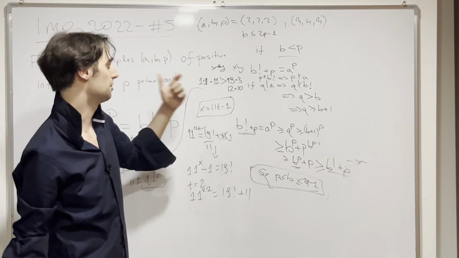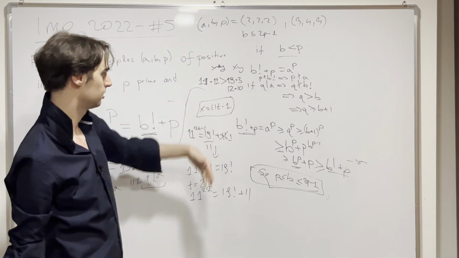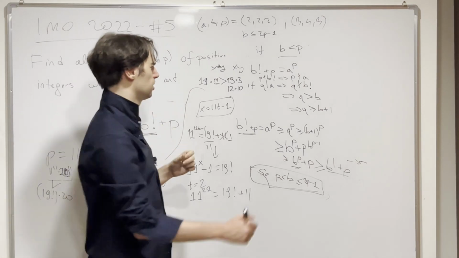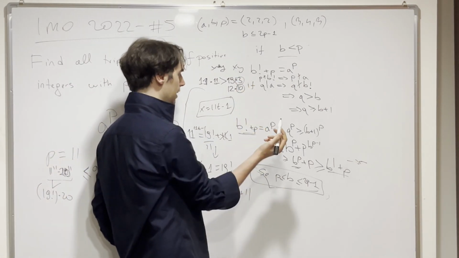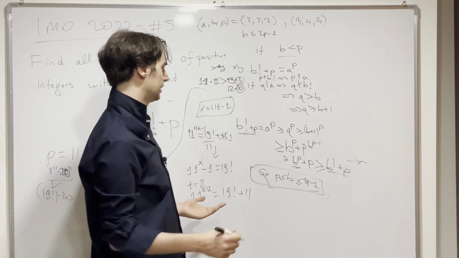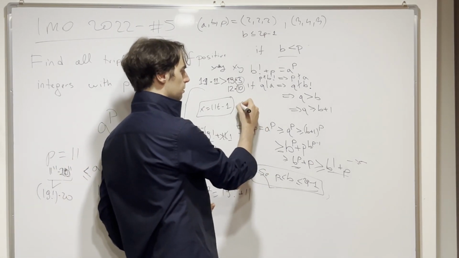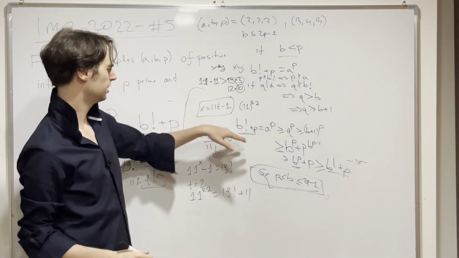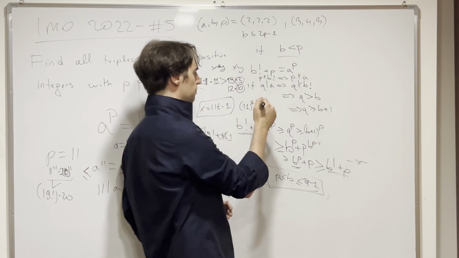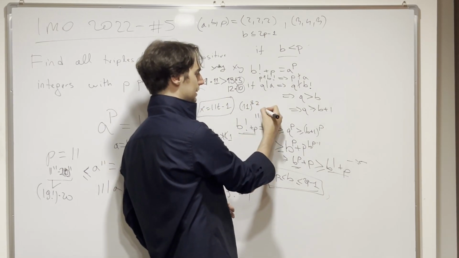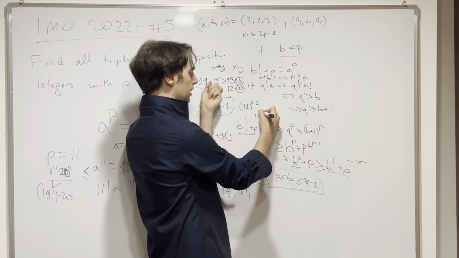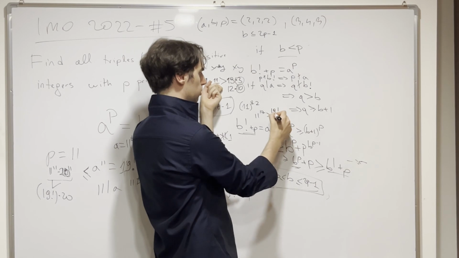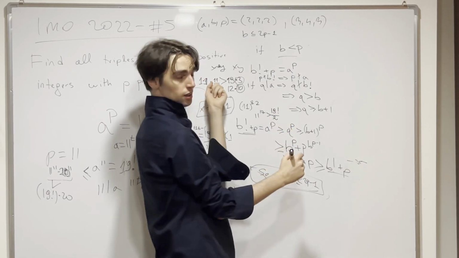And I can use that, in fact, to just estimate this as 11 times 11, and I start from 3, I go up to 10, and that gives me 11 to the power of 8 times 2 is bigger than this, and now I need to multiply by, so this is 11 to the 16th, multiply by 1 to get 11 to the 17th is greater than 19 factorial over 2, right?